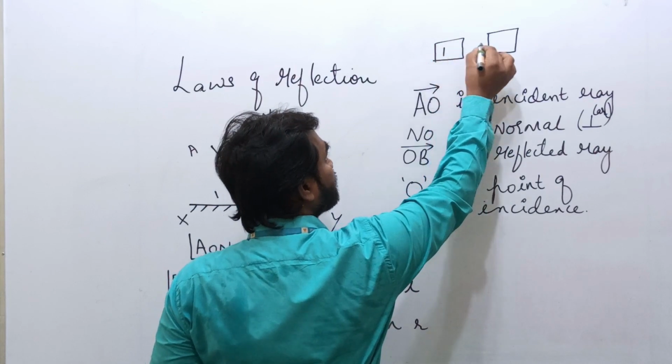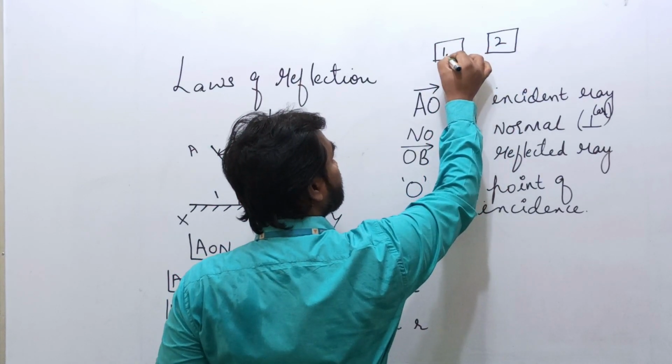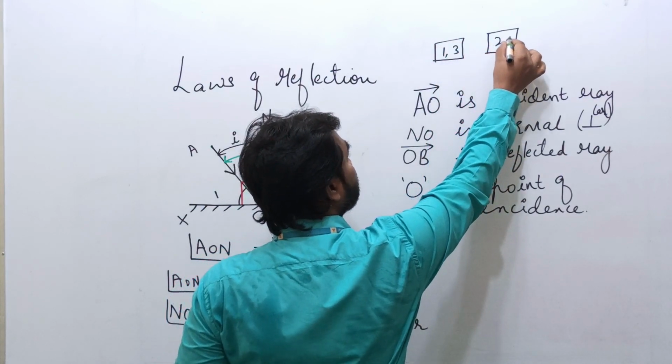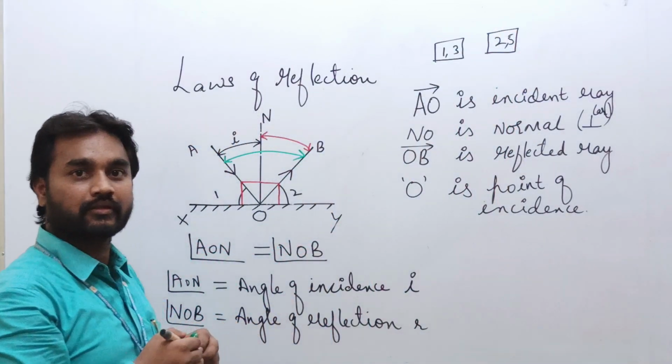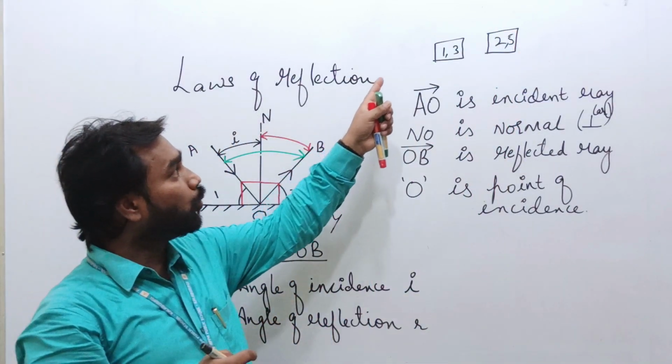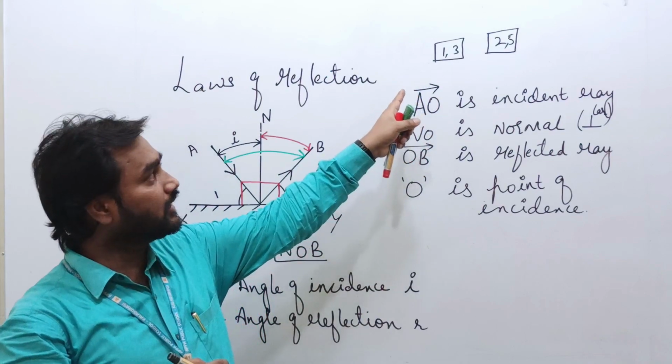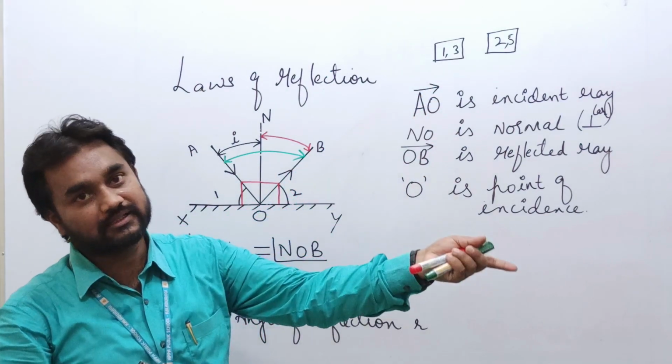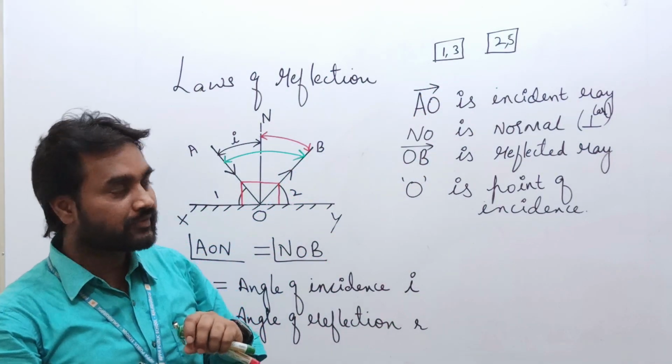If I write 1 and 3 here and 2 and 5 there, then 1 and 3 are on one plane, and 2 and 5 are on another plane.